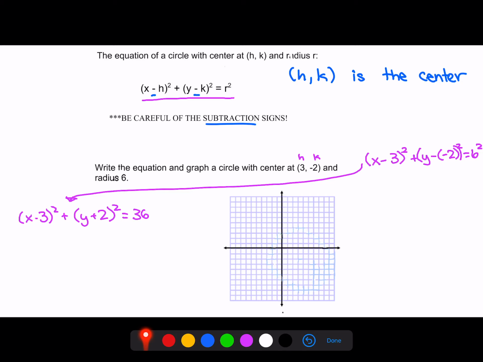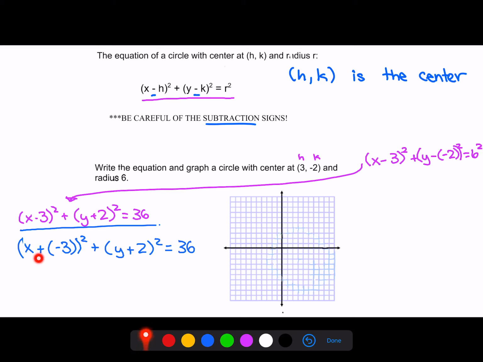I made it so that these are plus right away so that you don't have different answers and aren't continually getting wrong answers on here. So if I were to answer this on the homework, it'd be (x + (−3))² + (y + 2)² = 36.